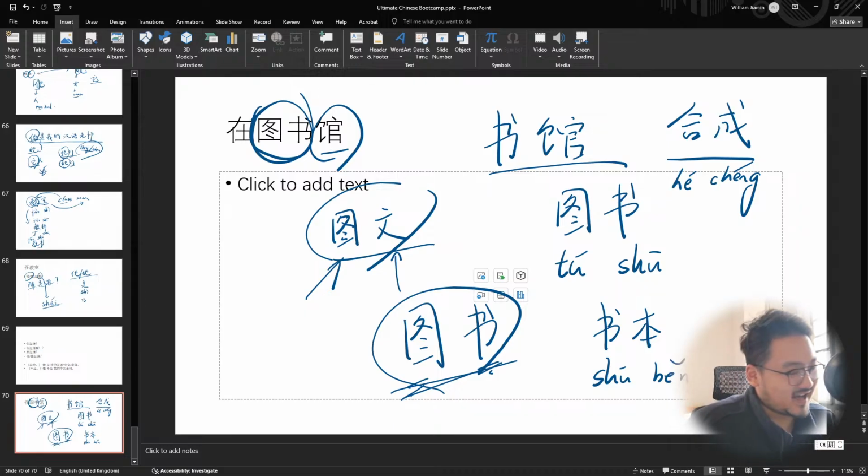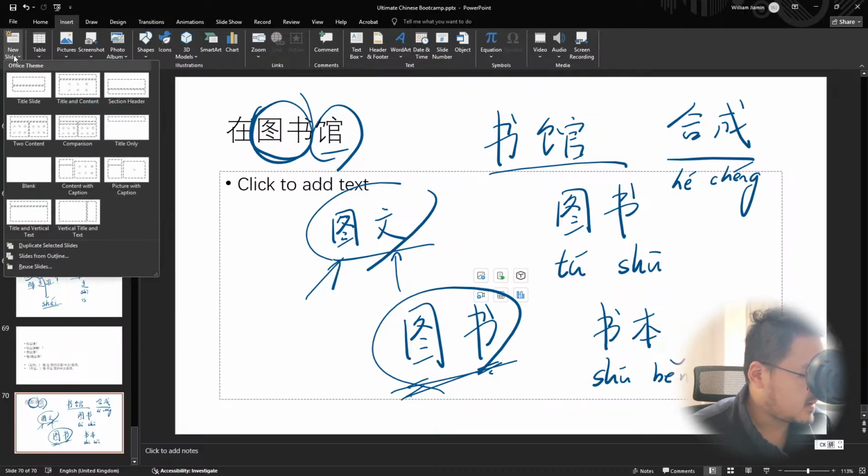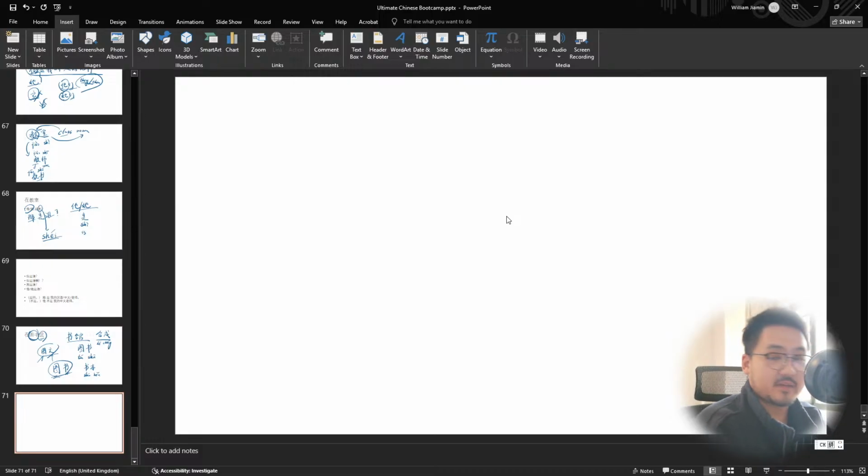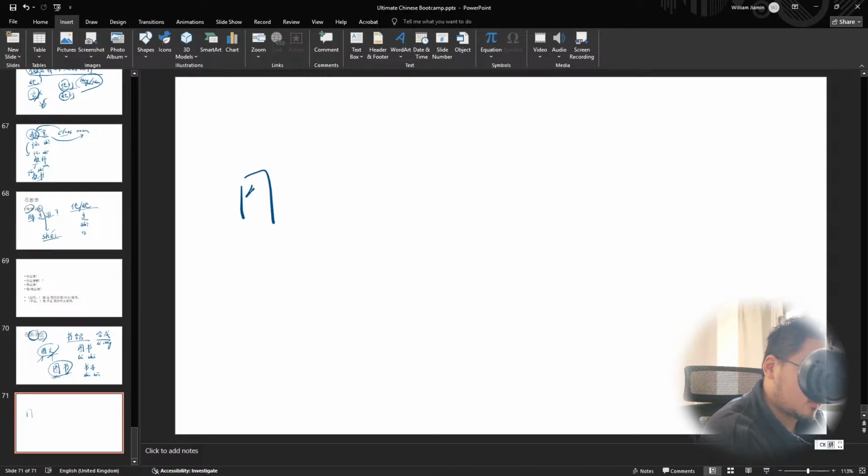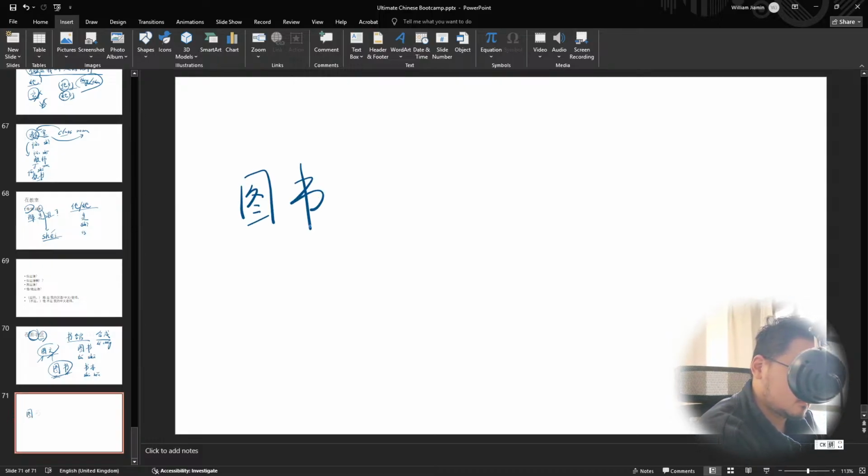Okay, but if you're talking about 图书管理员, right? That means the librarian does have some manager role, right? So you can say 图书馆. That's 图书馆, okay?